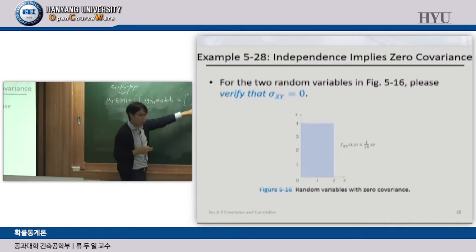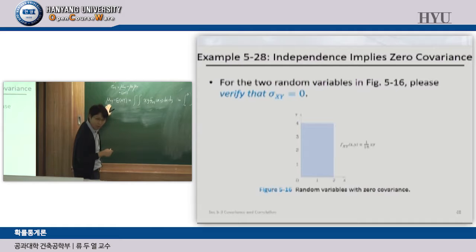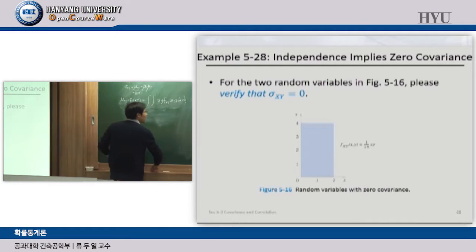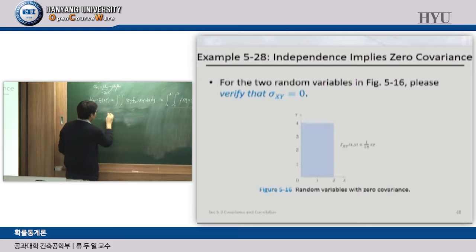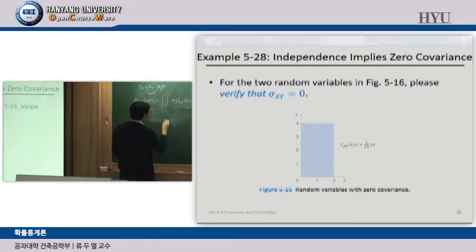So we need to calculate this equation to solve the mean of xy. In that case, 1 over 16 can be extracted, right? Y squared, okay, by integration from 0 to 2 of x squared dx, right? We can extract 1 over 16 by y squared because this is a function of x.